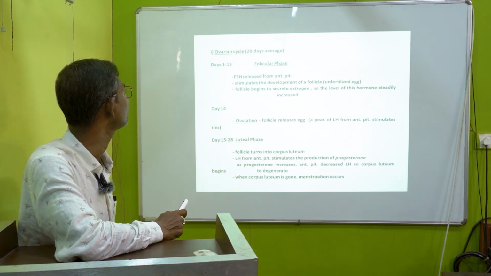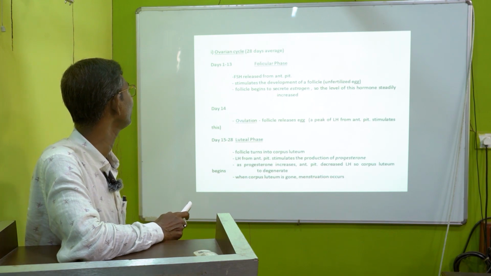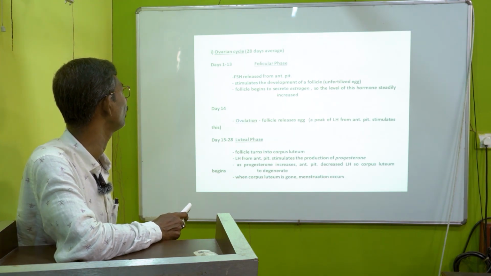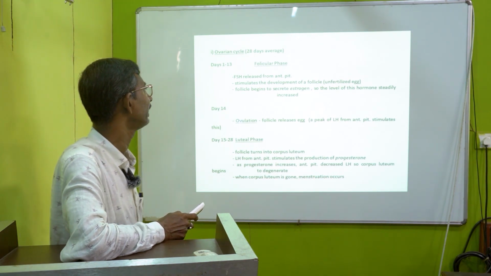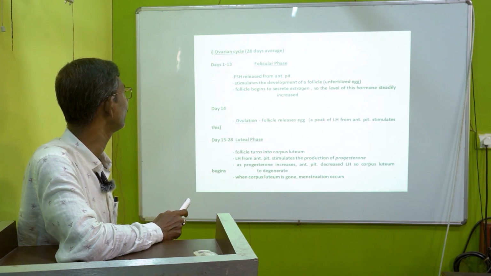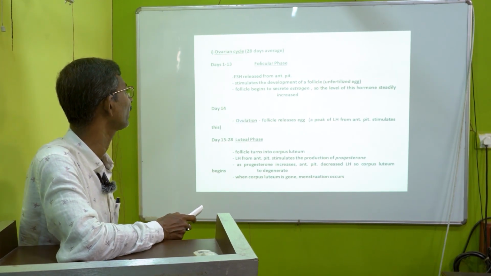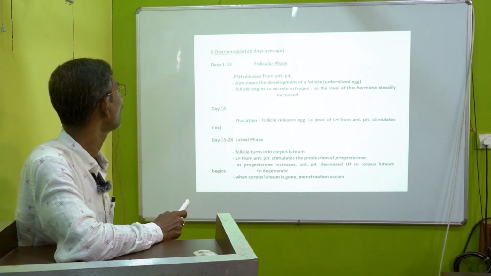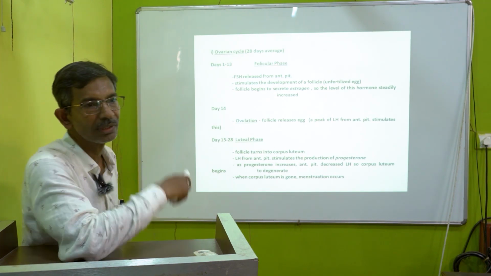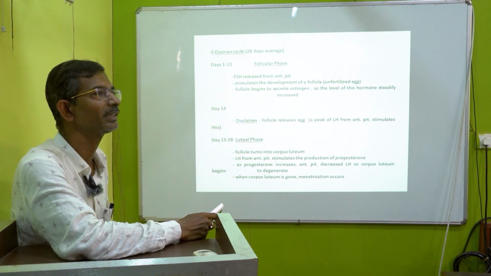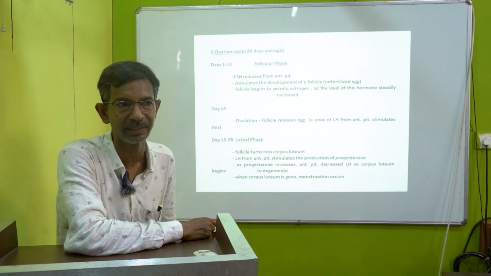Here FSH is released from the anterior pituitary and stimulates the development of the follicle, that is the unfertilized egg, and the follicle begins to secrete estrogen, so the level of this hormone steadily increases.